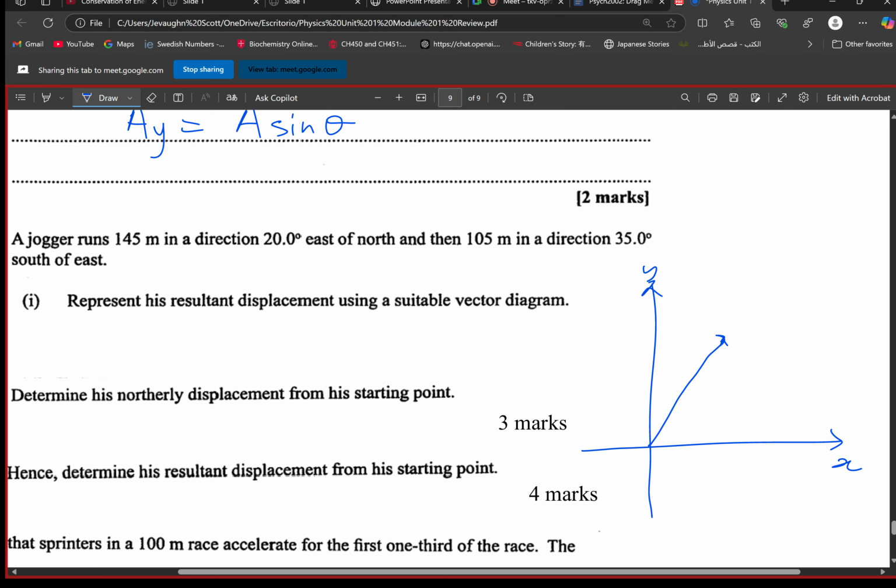Since the angle is east of north, it is literally east of the north, and the angle would be represented here as 20 degrees. And this would be 145 meters. Then he traveled 105 meters in a direction 35 degrees south of east. So what would that be there?